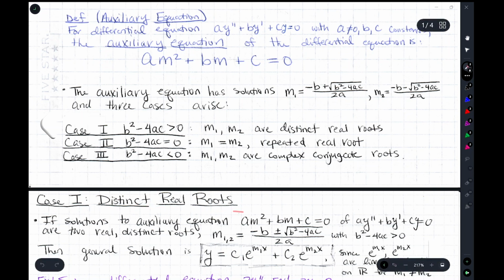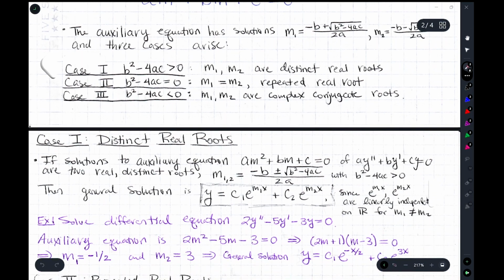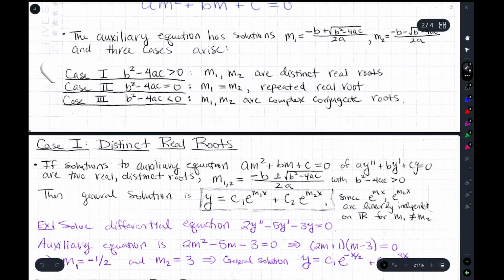And here we'll consider the case where b squared minus 4ac is strictly positive, and so we get two distinct real roots. So this is the case that we consider first, and the distinct real roots are what's found here, m1 and m2, depending on whether you choose a plus or minus.